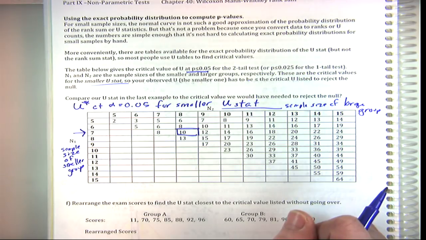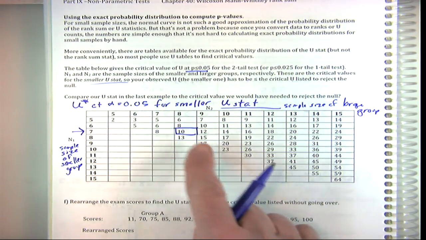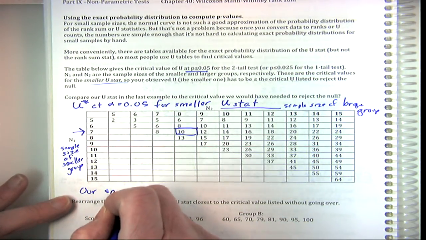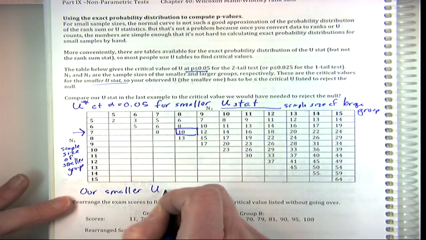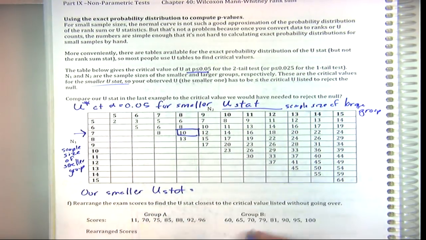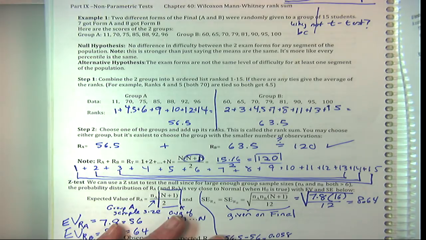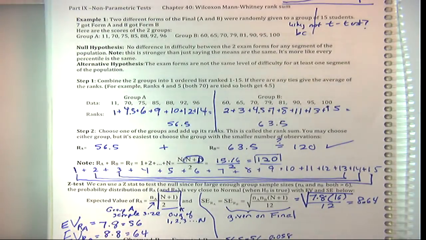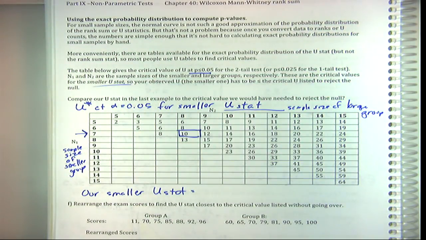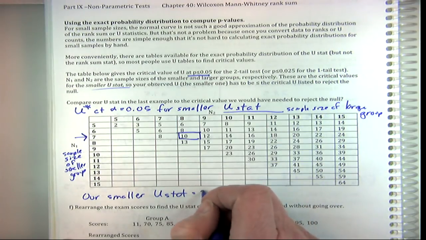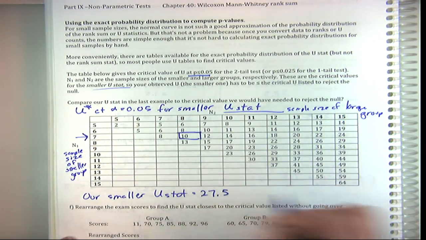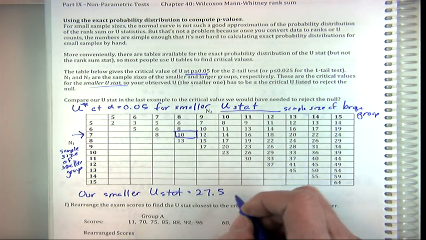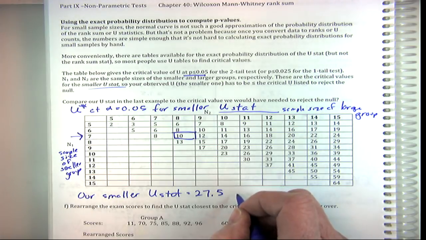Our smaller U stat was 27.5, right? Yeah, it was 27.5. So it's not even close.